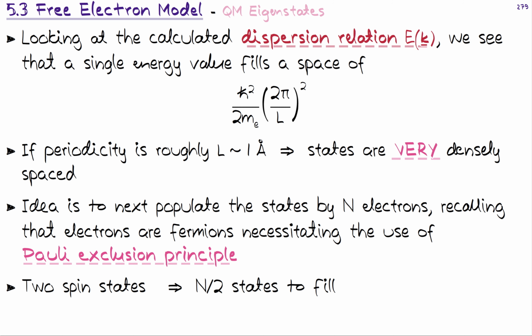Essentially we have n over 2 different energy states to fill, because energy-wise the different spin states are degenerate in this treatment of ours, so the spin doesn't yet play any role. Besides the fact that we don't need to go as high in the energy states, because we can fill 2 electrons into a given energy state: spin up and spin down.